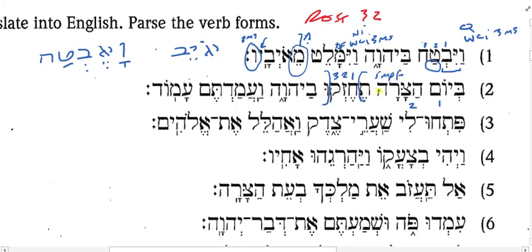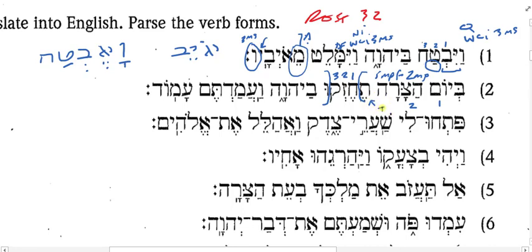And tav shurik is which person, gender, number? 2MP. Okay. You should know this like the back of your hand, but in case you don't, look at your boxes and you'd see that, right? Imperfect 2MP. So, look at the vowel pattern here. What vowel class is a segol under the prefix tav? Is that A, I, or U class?